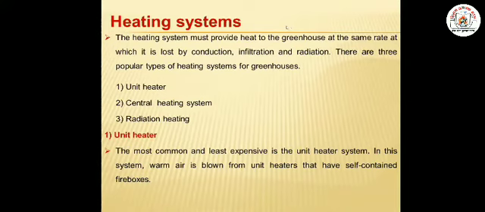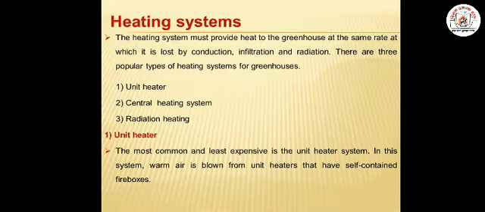Then let us see next the heating systems which are used inside a greenhouse structure. We have seen in short about cooling systems, now let us see about the heating systems. The heating system must provide heat into the greenhouse at the same rate at which it is lost by conduction, infiltration and radiation.